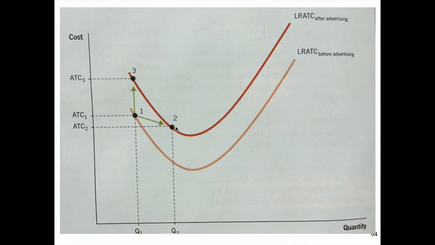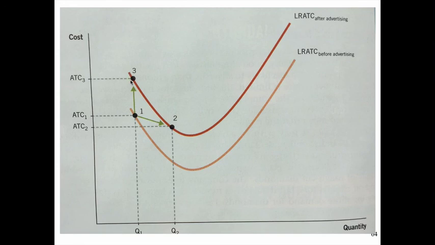Because monopolistic competitive firms each advertise, the advertising efforts can actually cancel each other out and just make the market balance as if no one was advertising. And as a result, your long-run average total costs rise without demand increasing. So you'd have a situation where you're going from point 1 to point 3. Your average total costs have actually increased dramatically, which is the opposite of what you wanted. So that's why it's a risk to sometimes advertise.